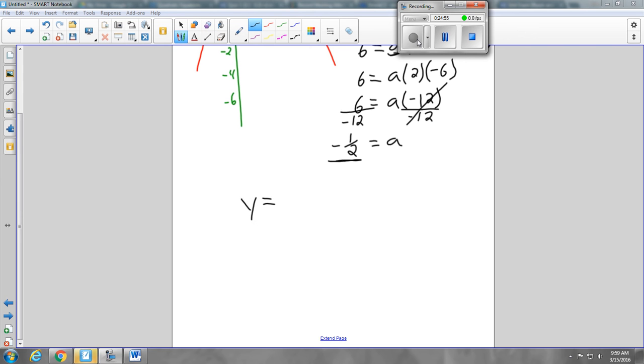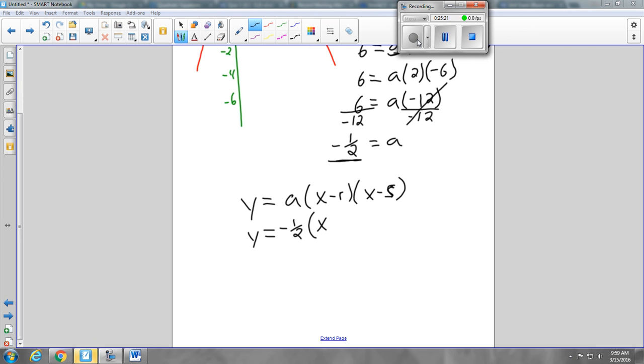Let's just write our equation. Y is equal to, instead of a, I'm going to write the whole equation. x minus r, x minus s. Now instead of an a, I'm going to write negative 1/2. I'm going to leave x as it is, because I want y's and x's in my equation.